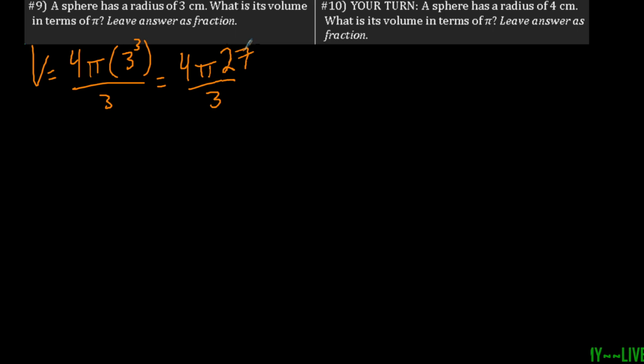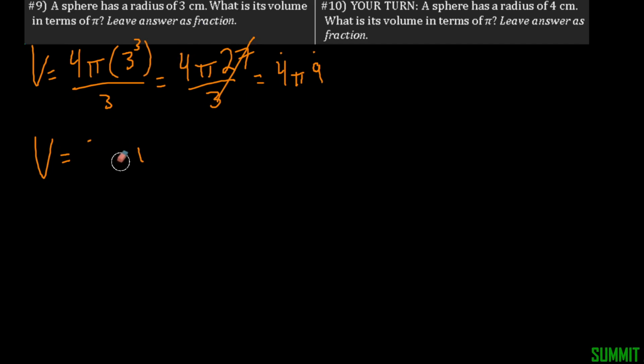Make sure you can divide this out. I can divide 27 by 3. That's going to be equal to 9. So I have 4 times pi times 9. And make sure you can multiply these two together. So our volume is going to be equal to 36 times pi. Actually, I can leave it as a fraction, but that's okay. Let's do that actually.